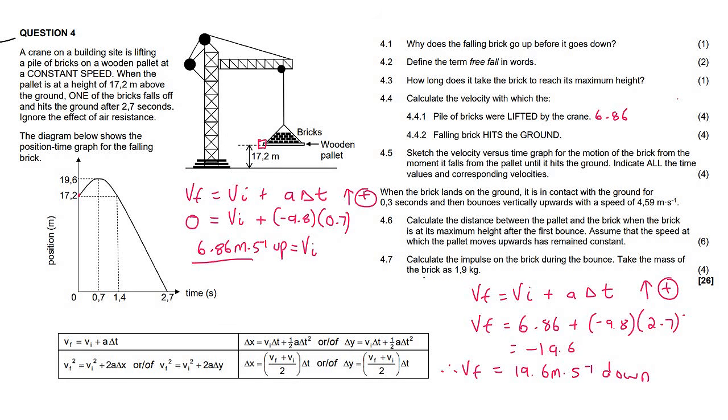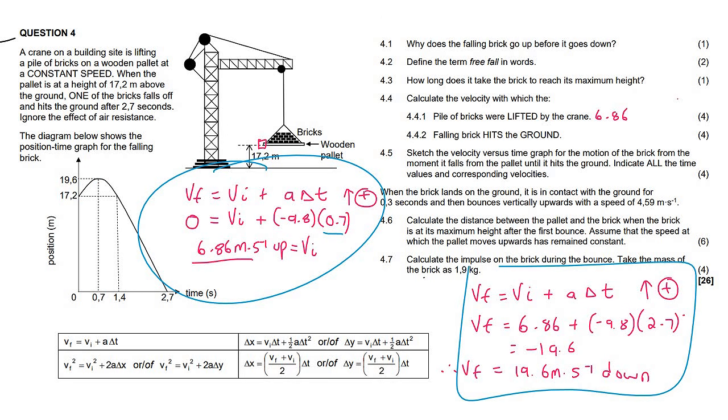Guys, it all depends on where you are using your formula. For this question, I was only using the formula from here to here, and that's why my time is only 0.7. But then when I did this equation, I'm going from here to here, and now my time is 2.7. So you can have different final velocities and different initial velocities depending on where you are using the equation.